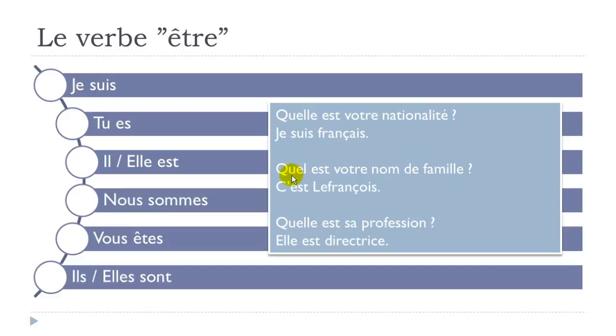So we will see that in a coming lesson, but just to inform you, that's the masculine form, just because nom is masculine, and here you've got the feminine form because nationalité is feminine. Okay, but then we pronounce them the same way. So quel est, what is, votre, your nom de famille, so family name or last name. Okay, it's a question. Quel est votre nom de famille?